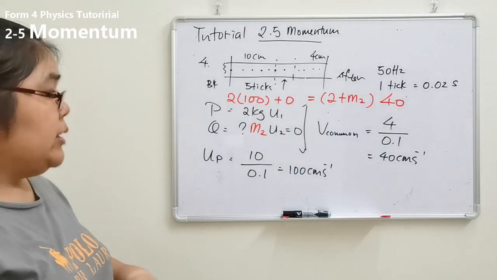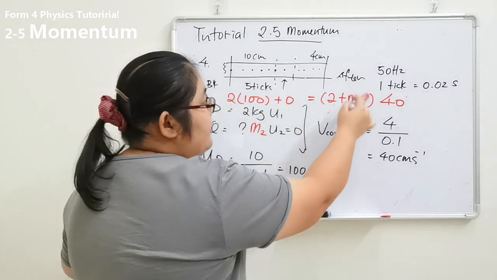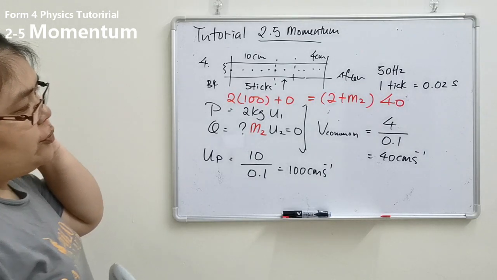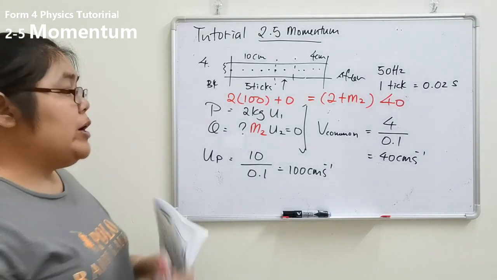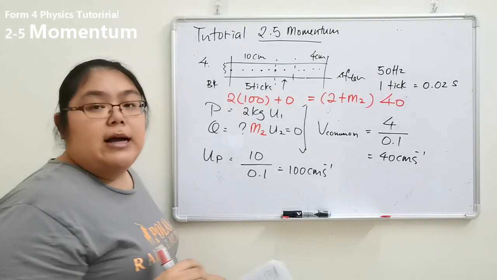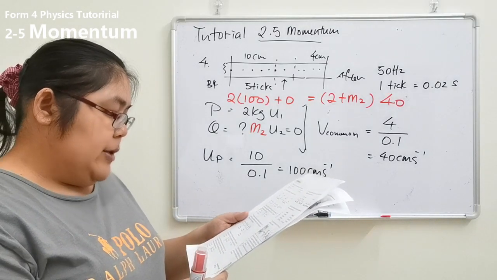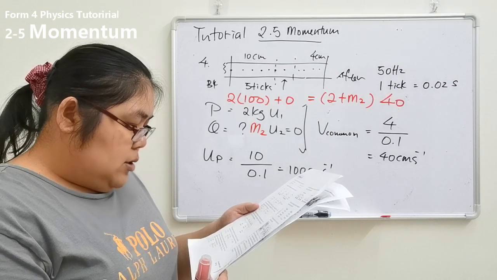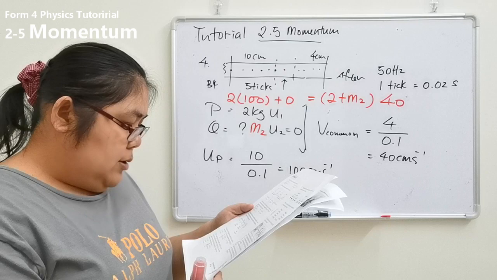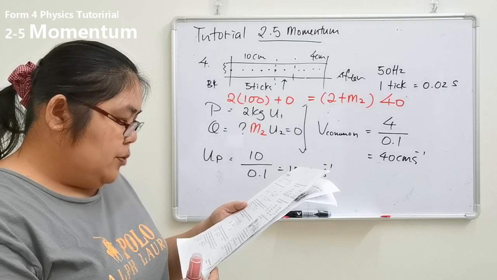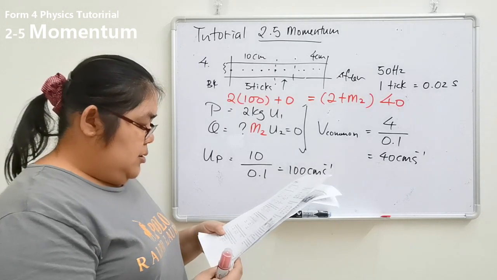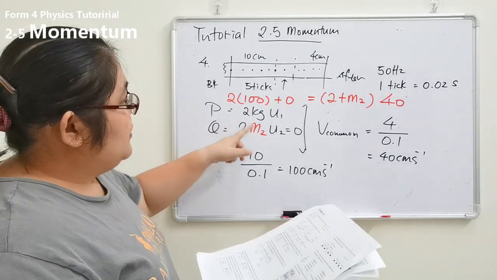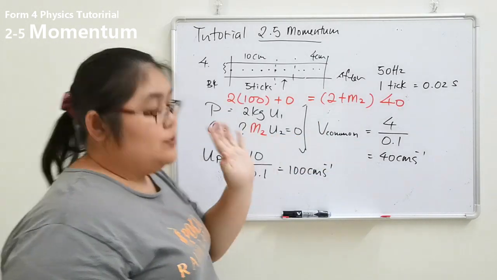So from this equation, you can find out what is M2. You do your calculation, 200 minus 40 is 160, 160 over 2, the answer is 80 kg. Sorry, we find out what's the problem first. We do the calculation one by one. 2 kg plus M2. Sorry, this one is a plus, so I need to divide.